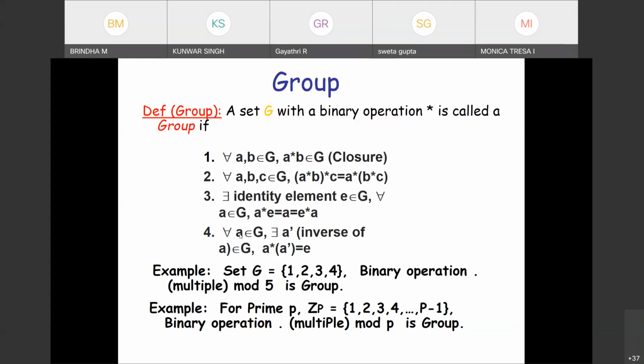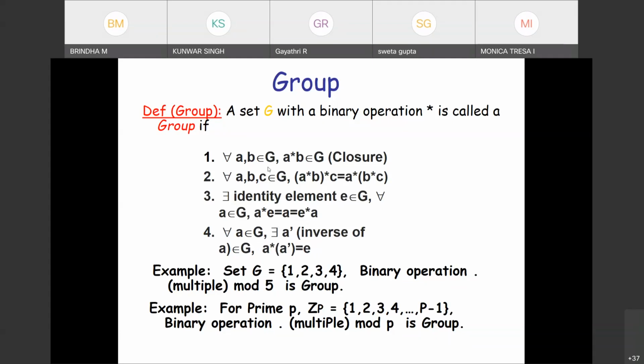Then the fourth is that for all elements of G, there exists another element A dash, called the inverse of A, such that A operated with A dash is the identity element. So all elements must have an inverse.